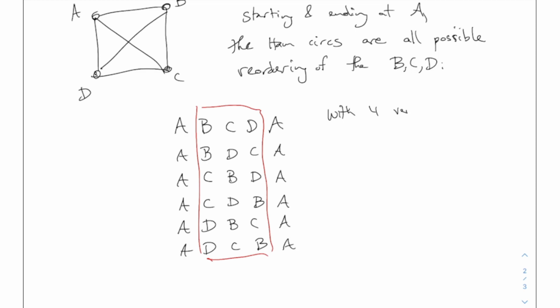So with 4 vertices, there are 6 possible Hamilton circuits. That 6 has to do with the number of ways that I could rearrange 3 things, right? Because in this problem I had 3 things in the middle there. We've talked about this a long time ago in this class when we were talking about voting. We talked about how many different ways there are to rearrange, say, 3 things or 4 things. Anybody remember what we ended up saying?